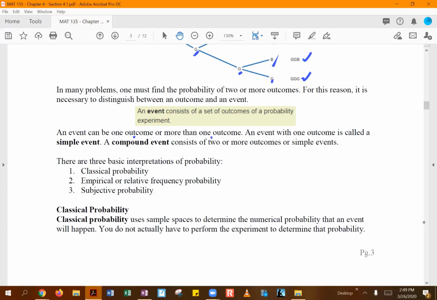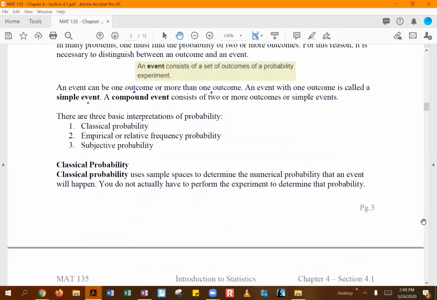An event with one outcome is of course called a simple event. A compound event contains more than one outcome, basically two or more outcomes, or it contains two or more simple events. So a simple event is just one outcome, and a compound event would be two or more outcomes.